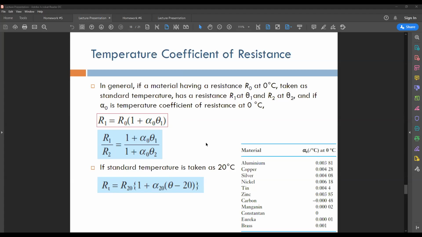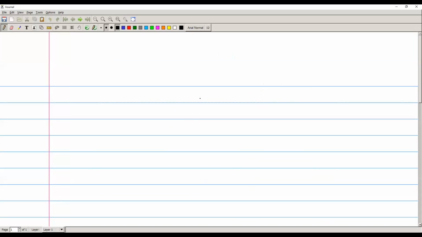Maybe I can write it in another way. Basically, if I have alpha 0, meaning that everything is relative to 0, then the resistance at a temperature, for example 20 degrees, will be equal to R naught times 1 plus alpha 0 times 20.